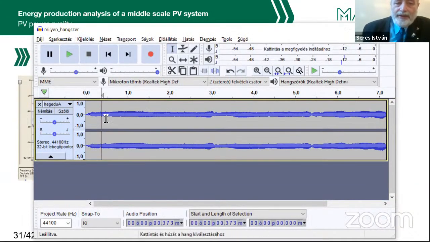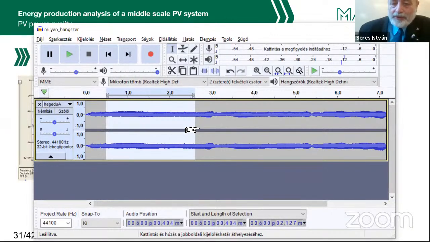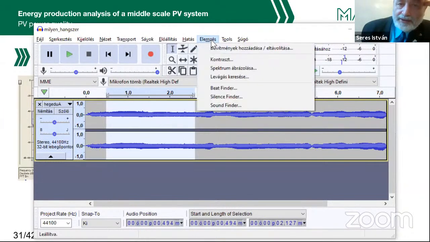So this is the sound of a violin. I'm really sorry that I could not demonstrate it, but I don't know how I should set my computer to be able to hear the sound of the violin as well. It was recorded and we can analyze it.